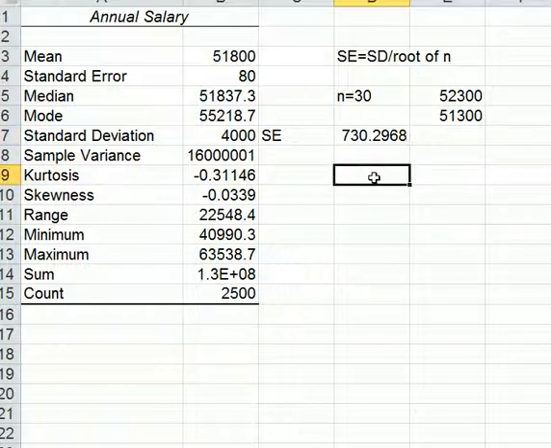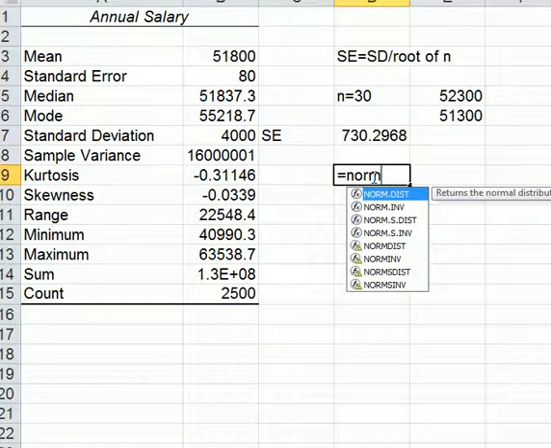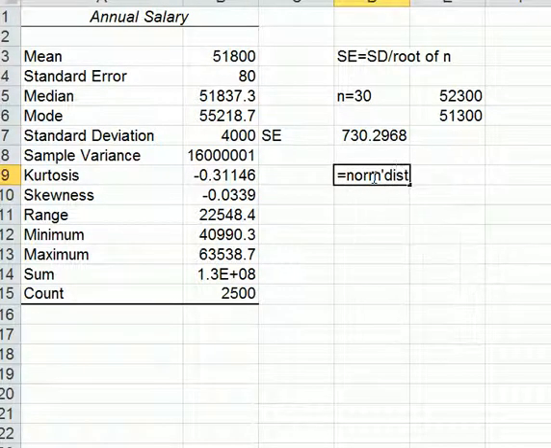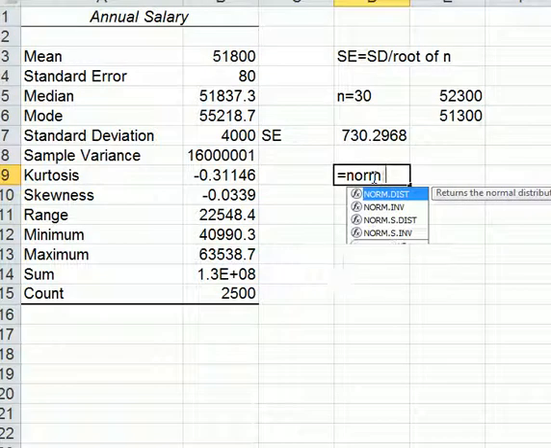So let's now work out what we've got to do. Look at the sketch on the blog, and we need to find out the probability of our sample mean being between 52300 and 51300. So go equals NORM.DIST, that's for Excel 2010, which has that dot in.